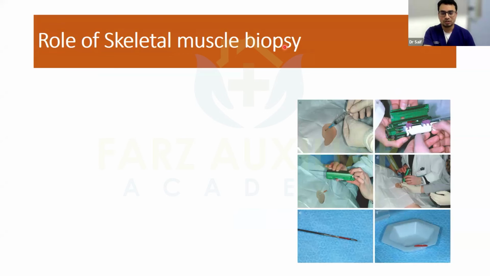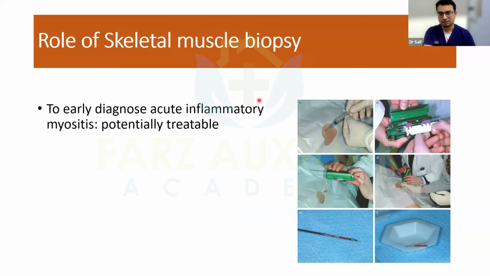Should we do it or not? That is debatable. But if the diagnosis is uncertain, with the help of a neurologist, you can plan a skeletal muscle biopsy, especially for acute inflammatory myositis, because it is potentially treatable with immunosuppressive therapy. So this is the only indication to do a skeletal muscle biopsy.